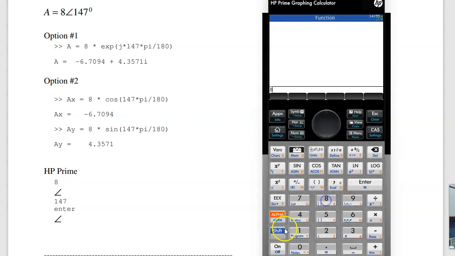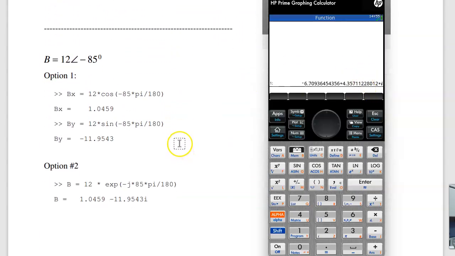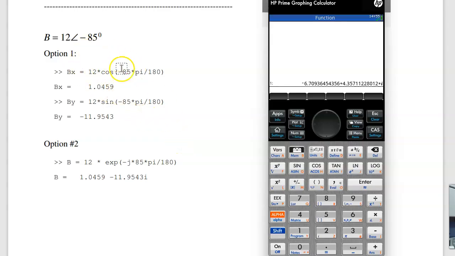Let's do 8 at an angle of 147 degrees. Push that on the stack and convert back. So that's minus 6.7 plus j4.3. For 12 at minus 85 degrees, in Matlab or the HP calculator, we'll do 12 at an angle of negative 85 degrees. Push that on the stack and convert back to rectangular: 1.04 minus j11.95.